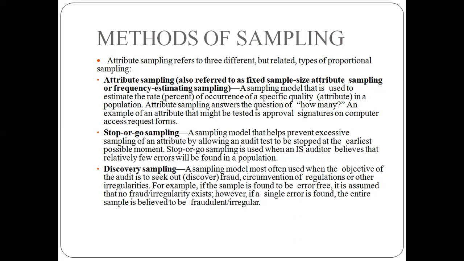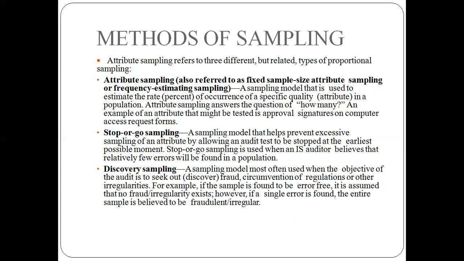Then the IS auditor can request the user access forms used to create those 10 users. What is the auditor looking for on the access form? The approval signatures. Perhaps in our organization, policy says the supervisor, HR, and internal control should sign, so three signatures. The auditor is looking for those three signatures, those attributes, on the 10 forms.